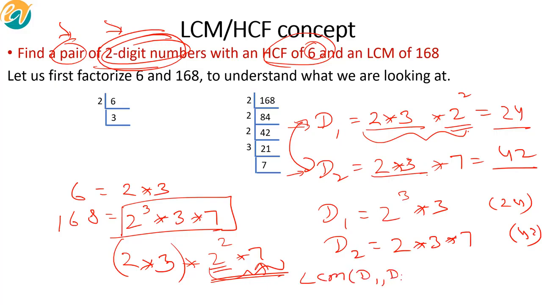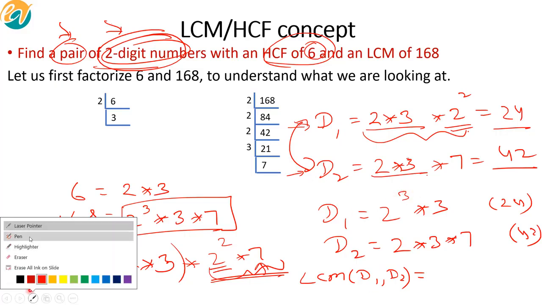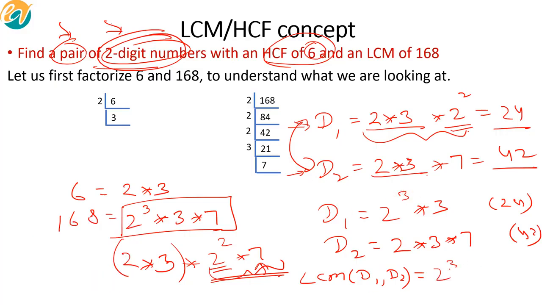How do we find out LCM? We take the highest powers of various prime factors. So what are the highest powers here? For example, 2, among these two numbers, 2 has a highest power of 3. So we put 2 cube over here.